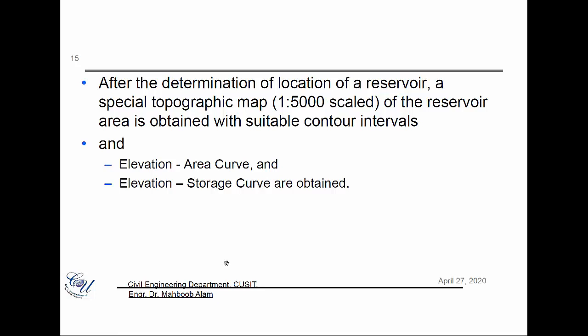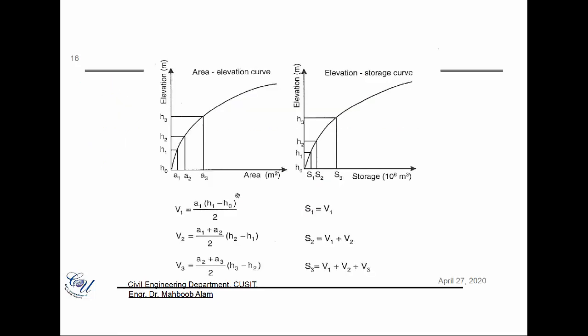And the main two things that we want to look at today is the elevation area curve and elevation storage curves that we usually get, and we try to use them. So again, refer to the previous picture where we said that with each height of the dam there is a certain area associated.